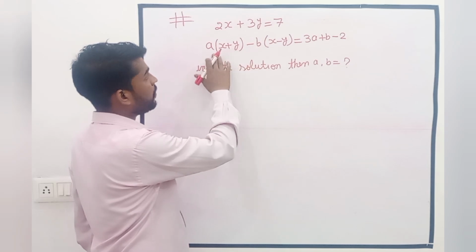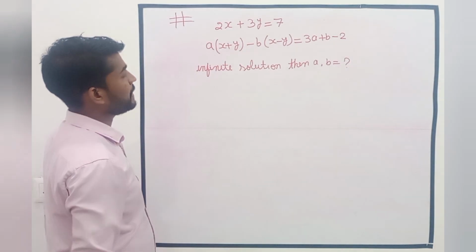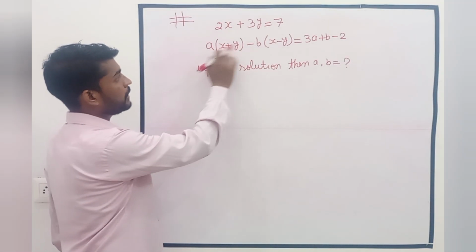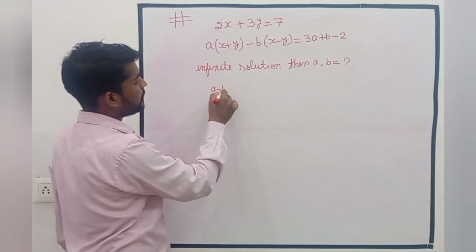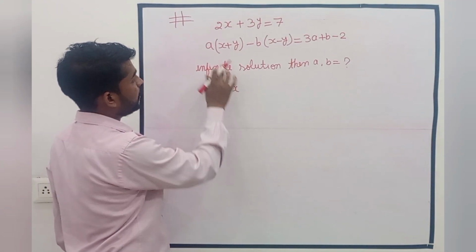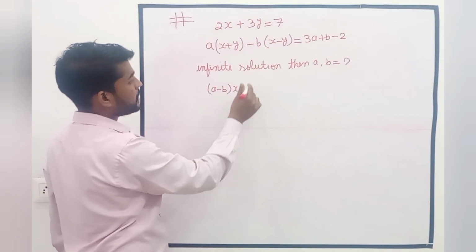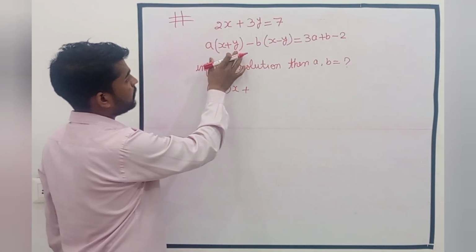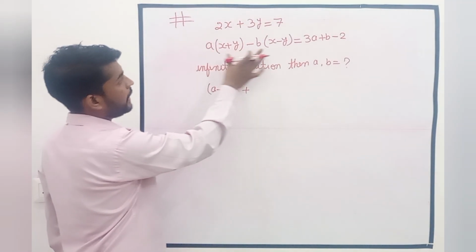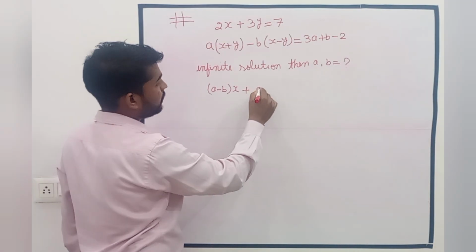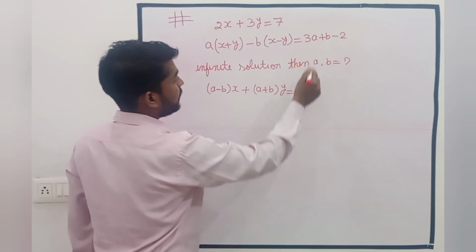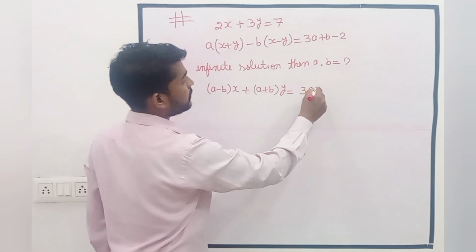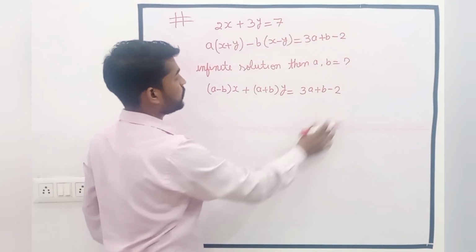First, arrange this equation in the form x plus y or x minus y, and arrange this equation in a and b. Then we have a minus b as the coefficient of x, a from here, b from here, and again the coefficient of y is a plus b, and the constant is 3a plus b minus 2.